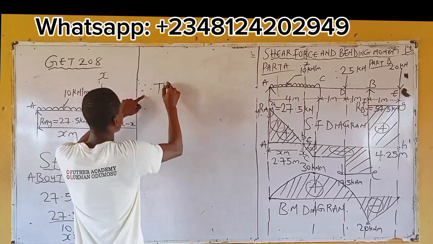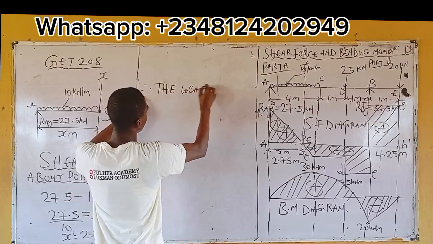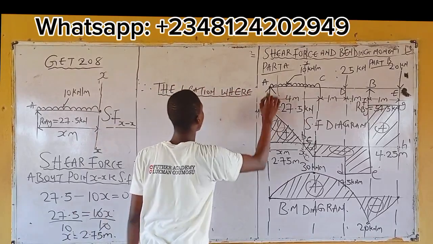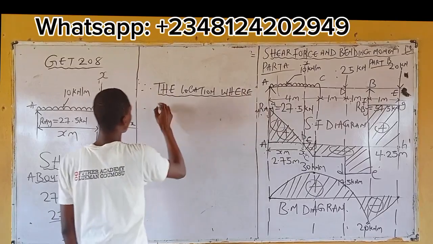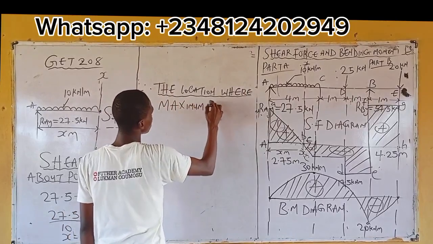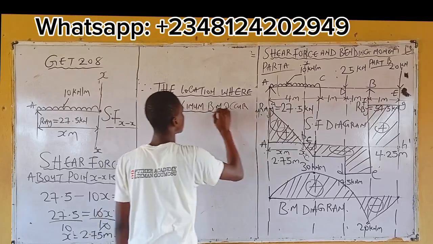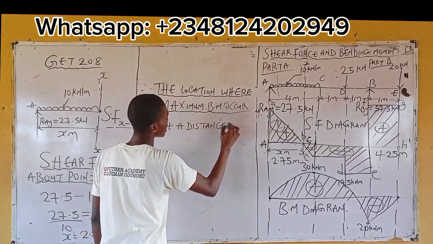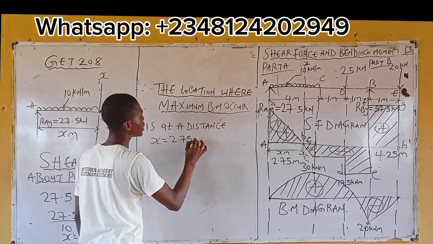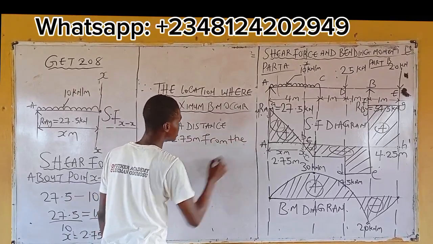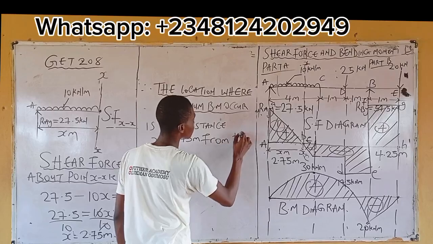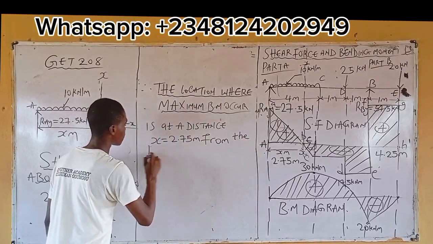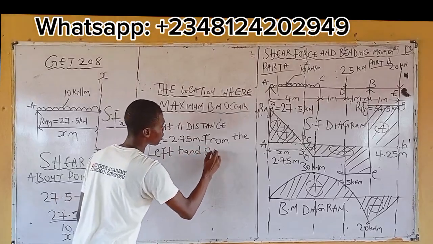Therefore, the location where maximum bending moment occur, or you say where bending moment is maximum, is at a distance x equals 2.75 meter from the left hand support.